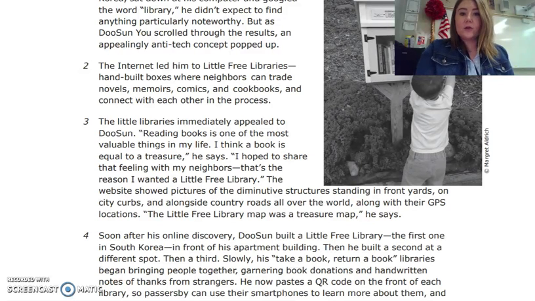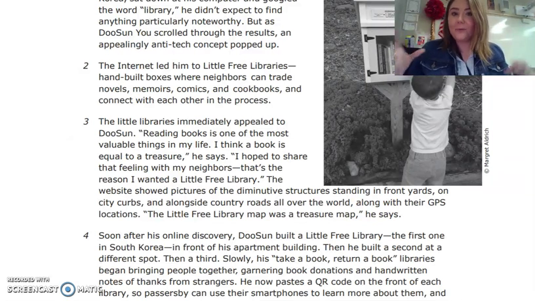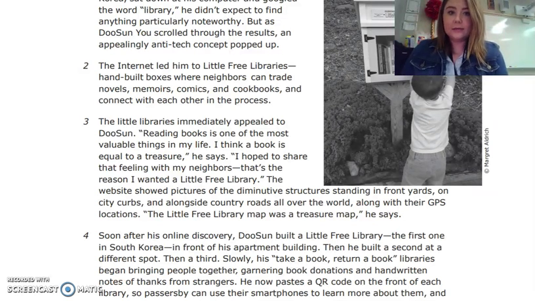So it says that these little free libraries are hand-built boxes. And I see next to it there's an image, and it looks like a hand-built bird box almost. It's on a little post, and it's a little box. So I'm assuming that paragraph 2 is depicted in this picture. This is an example of what a little free library looks like.